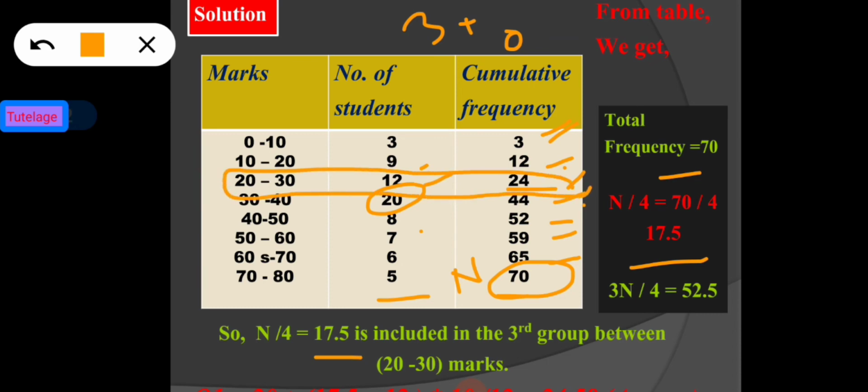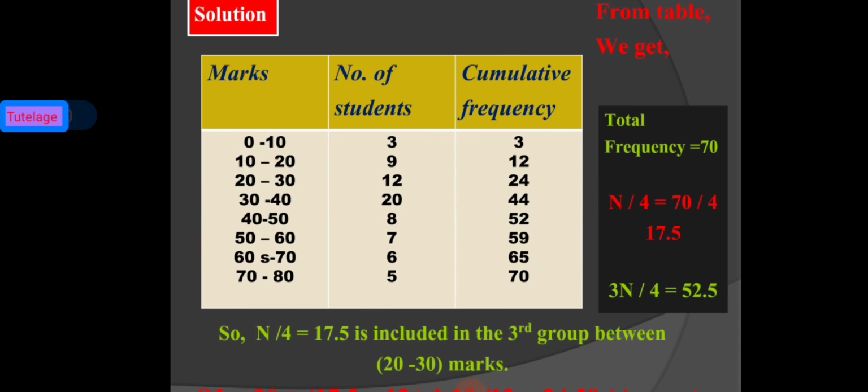So 20 to 30 is the class range, and 20 is the lower limit of the class. So for finding out the value of Q1, L1 is equal to 20 because n by 4 is included in the third group. Okay, so between 20 to 30 marks.